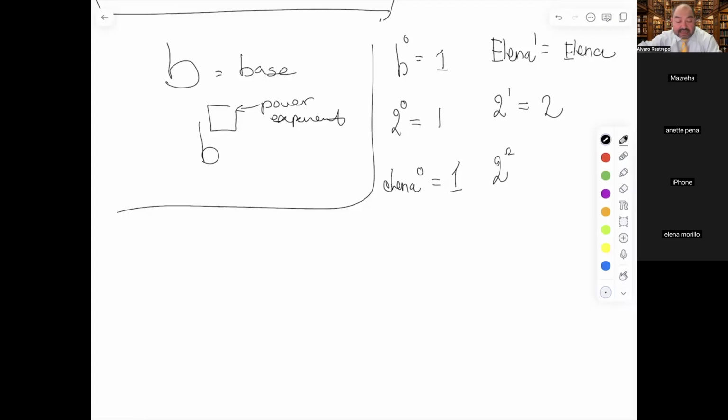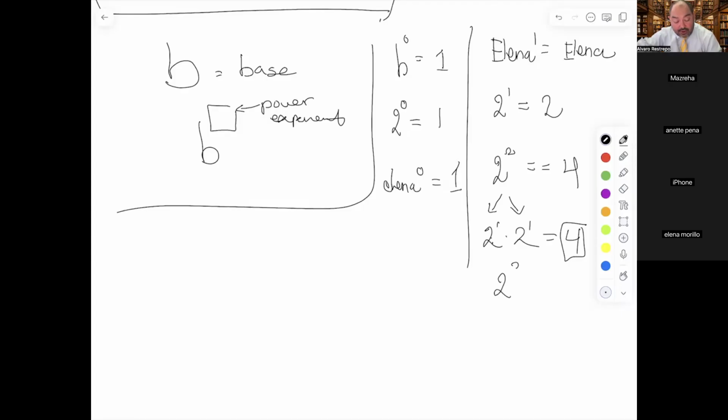If I have 2 to the second power, what that is telling you is how many 2's do you have? You have 2 2's, right? 2 to the 1 times 2 to the 1, 2 times 2 is 4. So 2 to the second power is 4. 2 to the third, how many 2's do I have? 3. That's right. 2 to the 1 times 2 to the 1 times 2 to the 1 is equal to 2 to the 3, which is the same thing as 8.